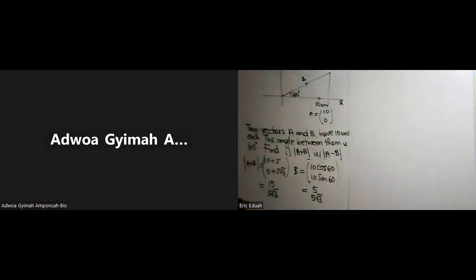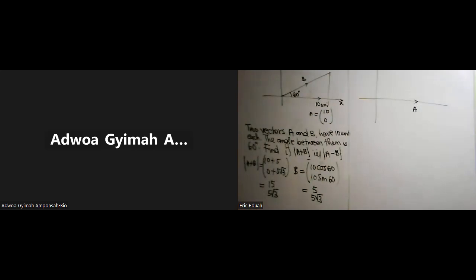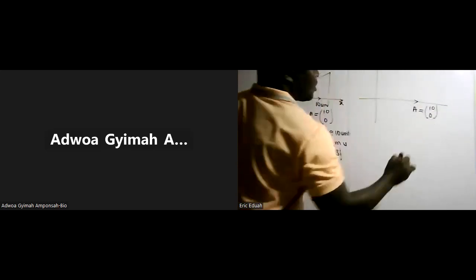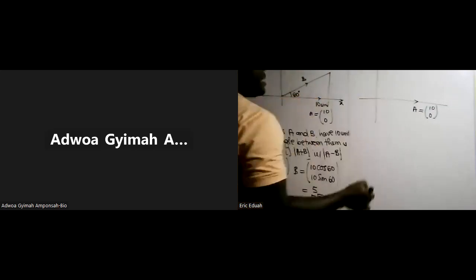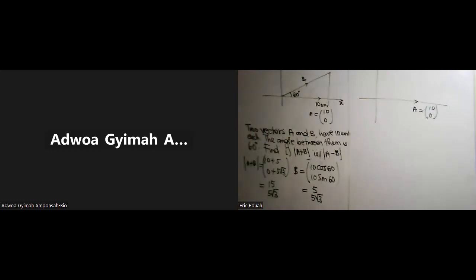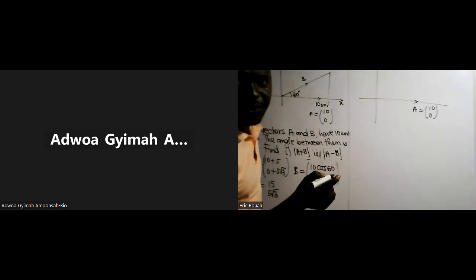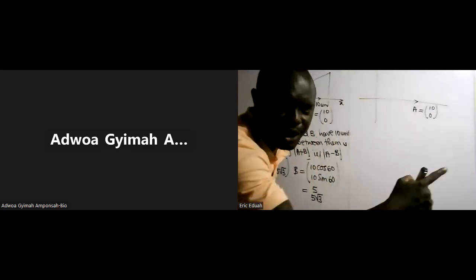So all that I'm doing is that I want to resolve them into components. This is A. If I draw X and Y, A is put on the X axis, meaning that the components of A are 10 units and 0, because it's along the X axis. Now to locate B, I measure an angle of 60 from the X axis, along which A is. So 60 degrees from here.